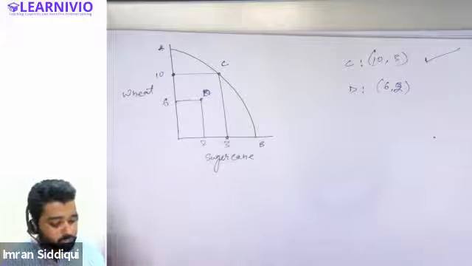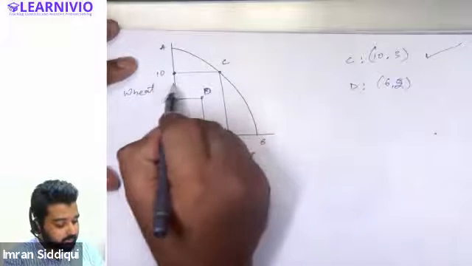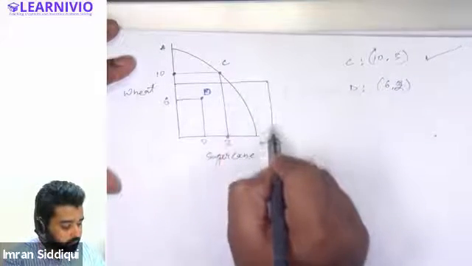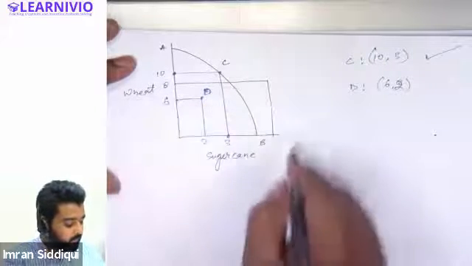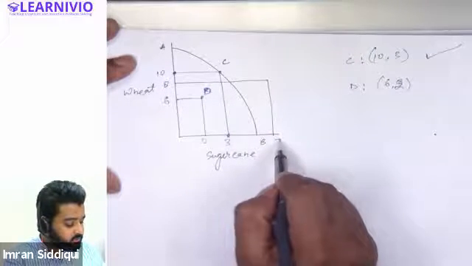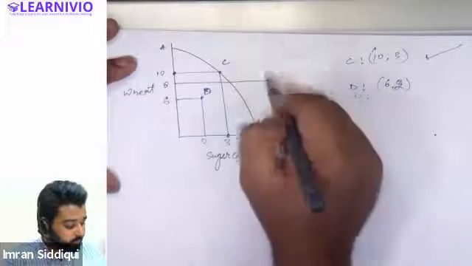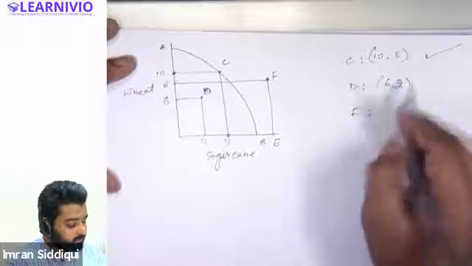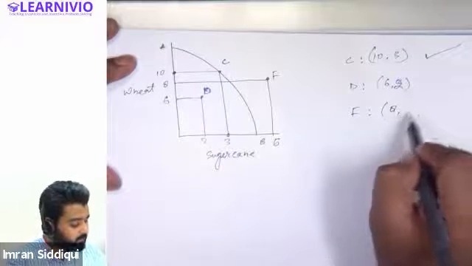But suppose he wants to go beyond this capacity line, beyond the production possibility curve. He wants to produce this combination of two goods, say, for example, 8 tons of wheat and 6 tons of sugarcane, and we name it combination F. So in the F combination, he wants to produce 8 tons of wheat and 6 tons of sugarcane.